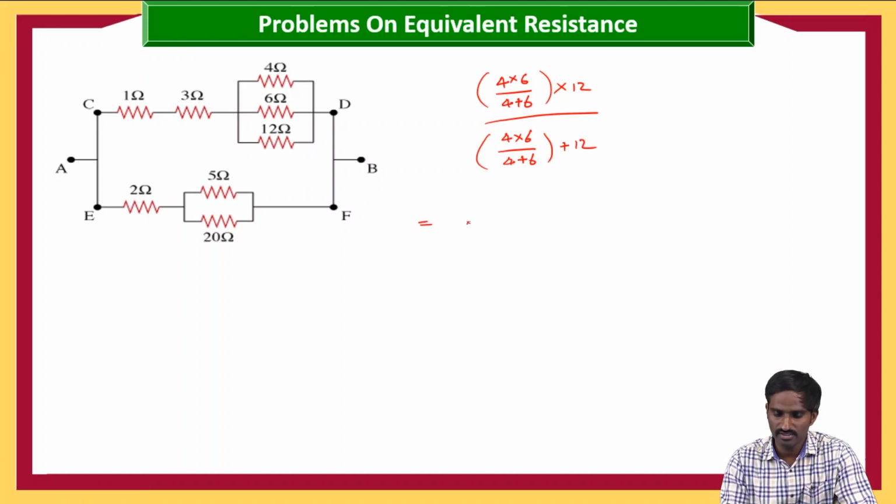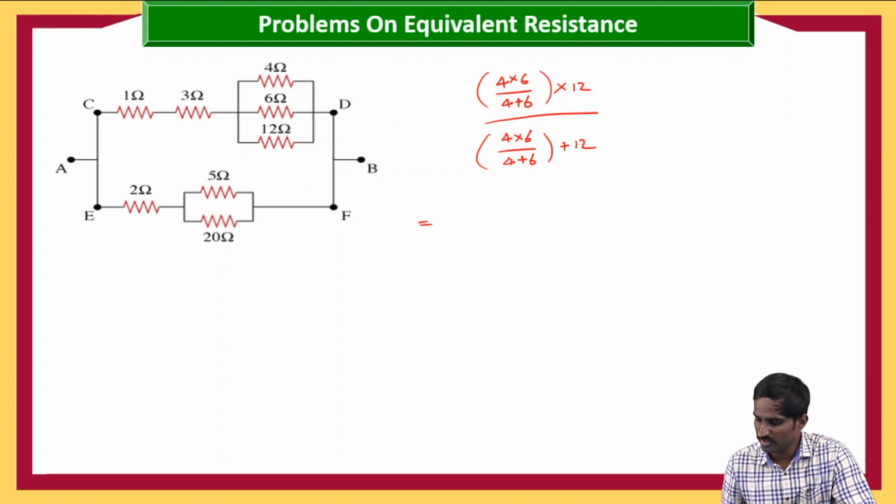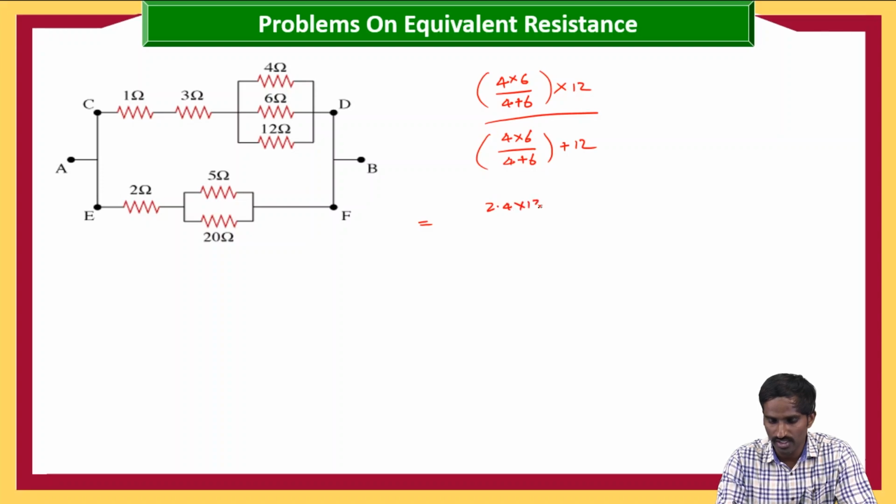Then if you simplify this, first let us find 4 into 6 divided by 4 plus 6, here it is 10, then you will have the answer 2.4. So which means 2.4 into 12 by 2.4 plus 12, here 2.4 plus 12 is 14.4.